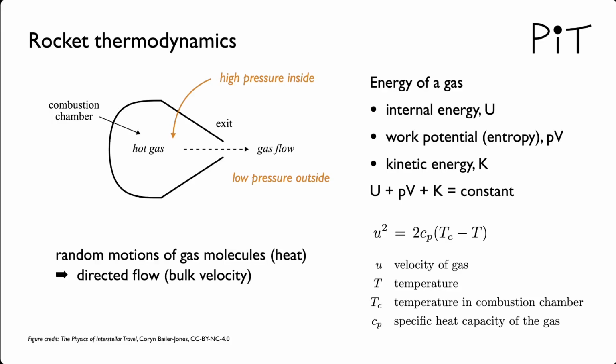In other words, the random motions of the gas are converted into bulk directed motion of the gas as a whole. Now, the setup we see in this figure, a simple hole in a combustion chamber, would work fine as a rocket, but it's not very efficient in the sense that it doesn't extract that much internal energy from the gas.